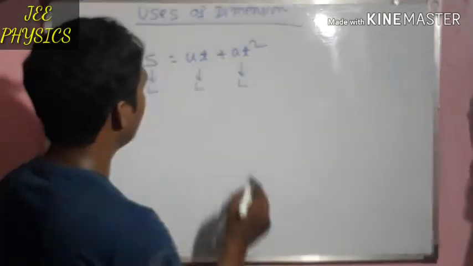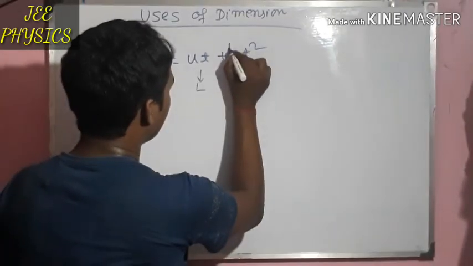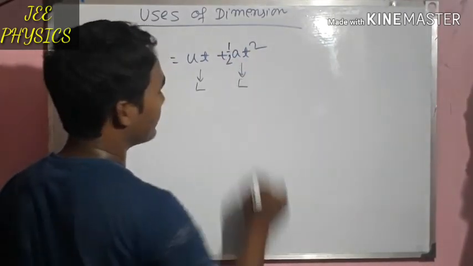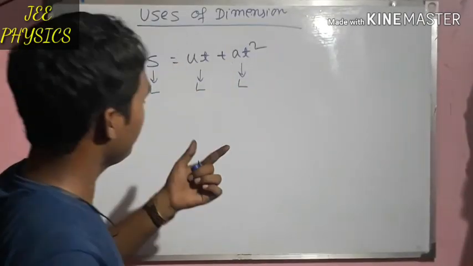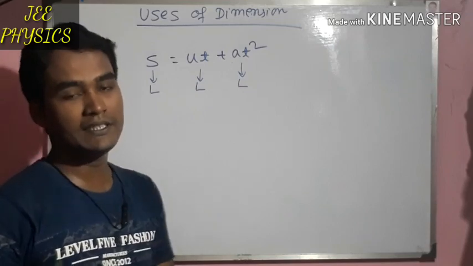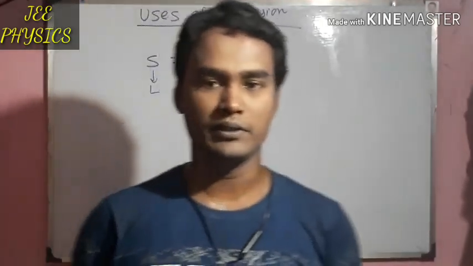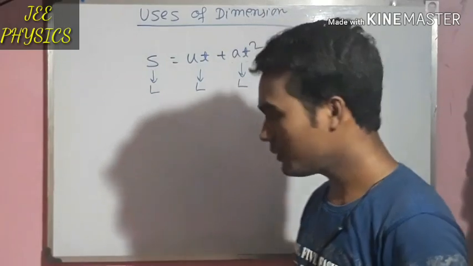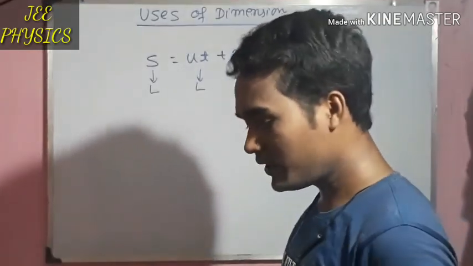But we must have a half here. But half is not given. So this equation is not correct. So this is a limitation of dimension. What kind of limitation? How does the limitation come?